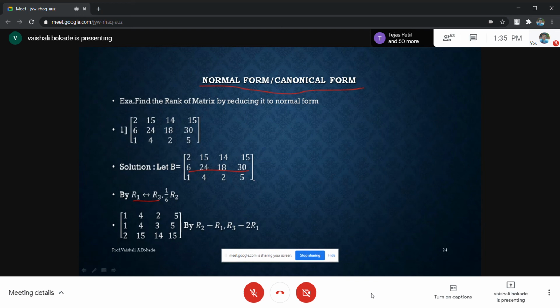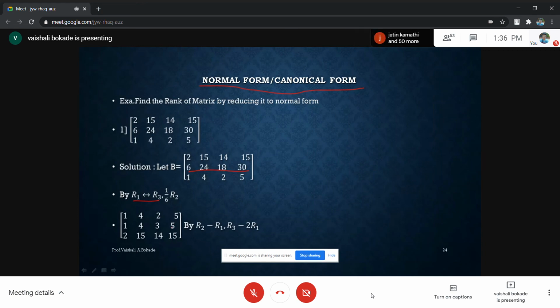If it is a multiple of some scalar, just divide that row by that scalar. So the row transformation will be easy for getting the rank of the matrix. So I'm using one more row transformation, 1 by 6 R2, and I'm getting 1, 4, 3, 5 in R2.